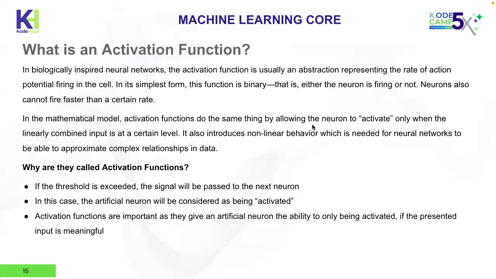So what is an activation function? Well, I've almost already explained it all, right? But in biologically inspired neural networks, the activation function is usually an abstraction representing the rate of action potential firing in the cell. Basically, the axon, that part, right? So it's a binary function, meaning that either the neuron is firing or not, right?